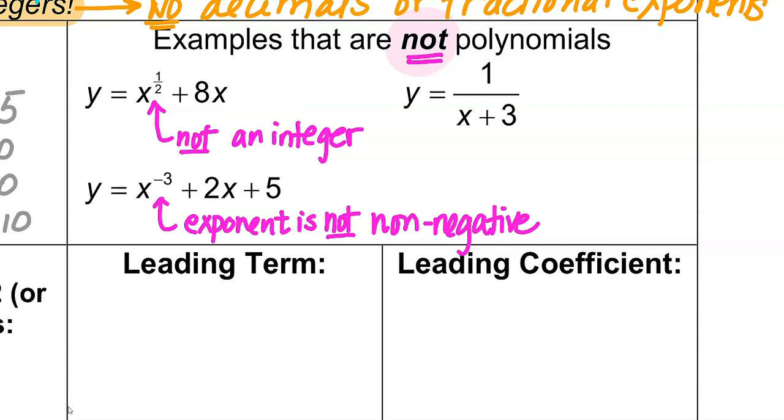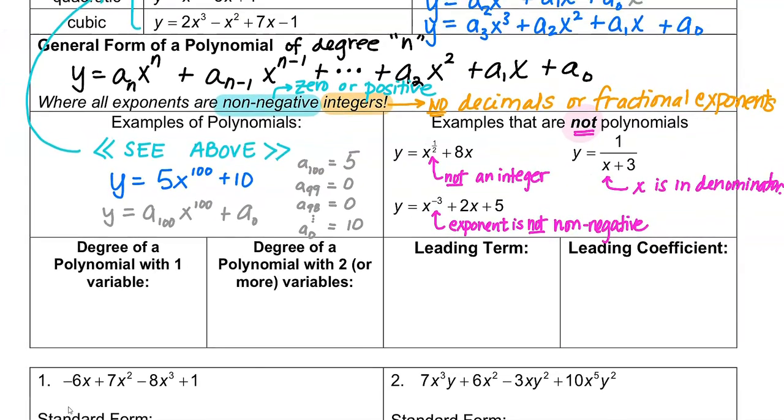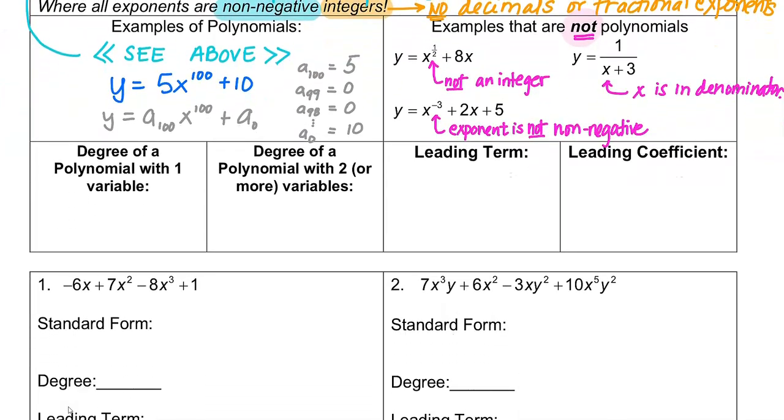Okay, and then in this last one, I'll tell you, see here how we have an x in the denominator? That means there's a negative exponent on it, basically, if it's in the bottom. It's on the whole expression, x plus 3, but ultimately the variable is a part of that. Okay, are we okay? Can we keep moving?